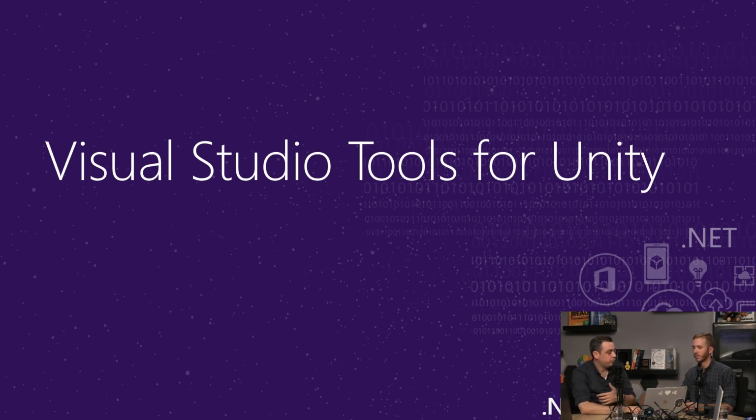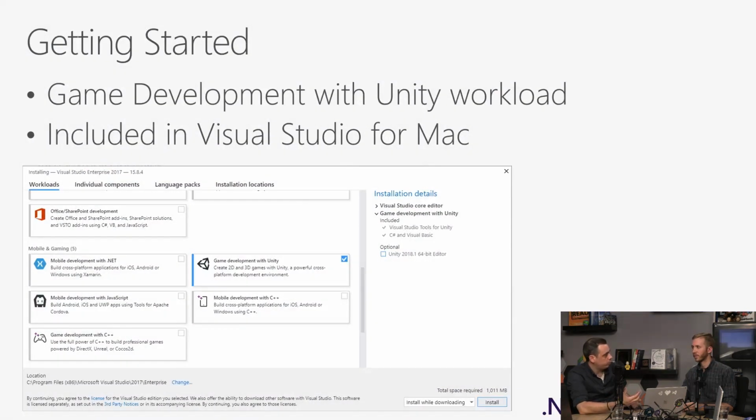So if you're a developer in Visual Studio and you've installed Visual Studio yourself, the best way is to launch the Visual Studio installer, which has this concept of workloads now, where you can install everything that you need for different scenarios. And we have the game development with Unity workload, a workload dedicated to Unity development.